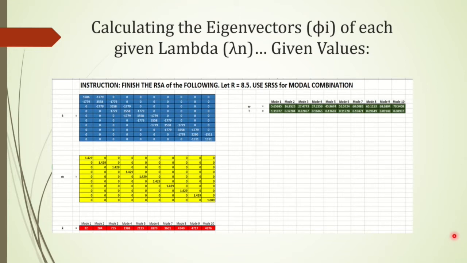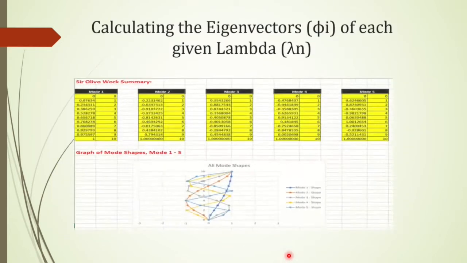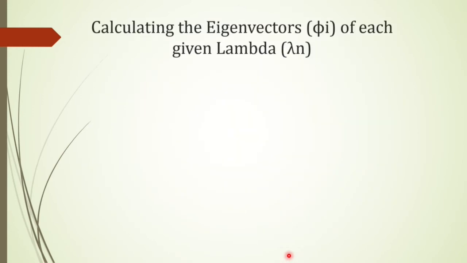And once ma-inverse na natin siya, i-multiply natin yung inverse na yun dun sa tinranspose natin na value ng bottom row. And yun na. Kasi nga, magiging 9 by 9 siya multiplied by a 9 by 1 matrix, makukuha natin yung value ng ating eigenvectors. Yan siya.